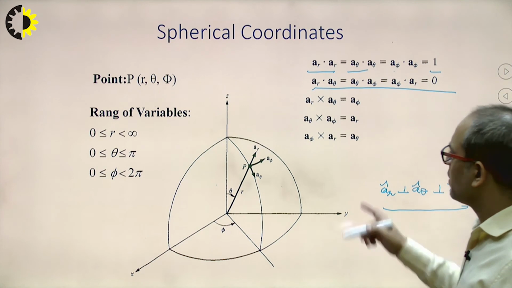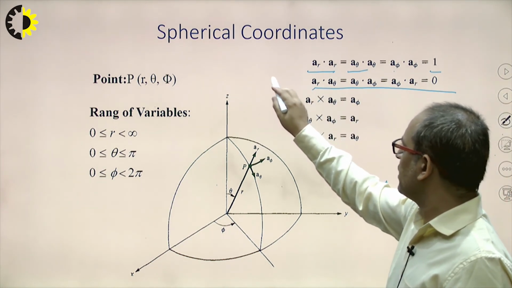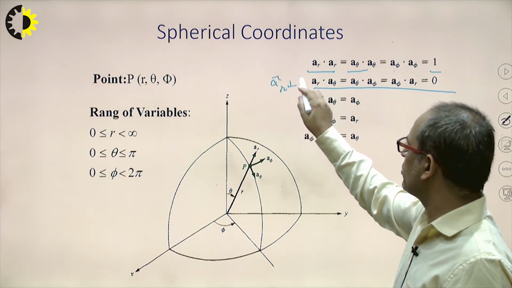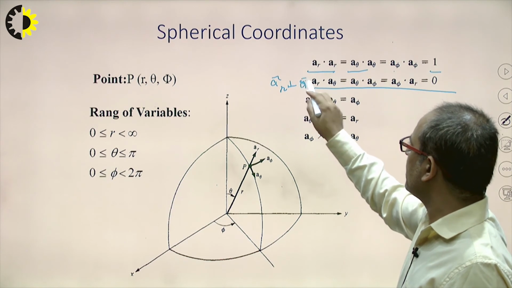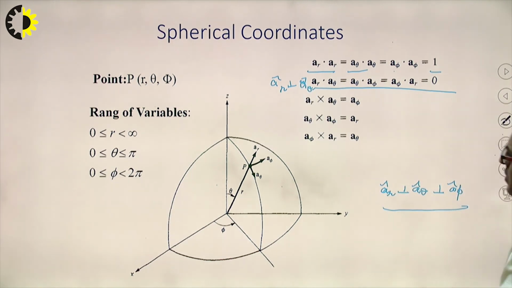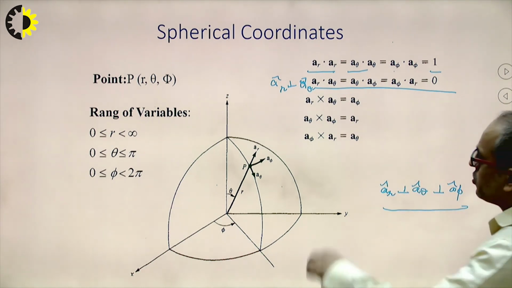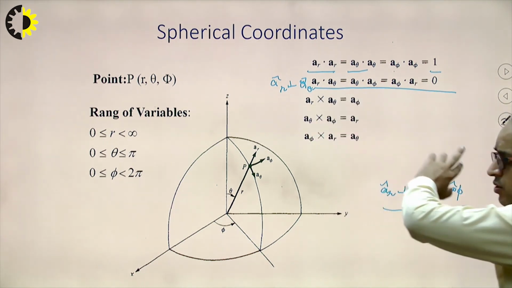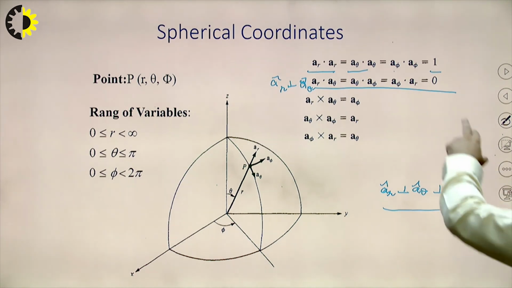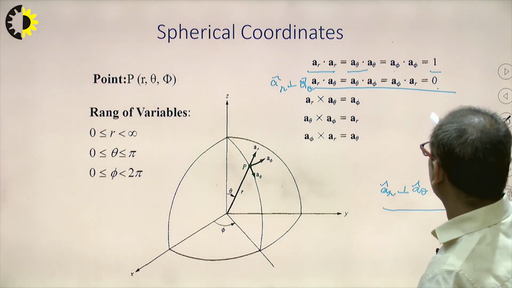Similarly, a cap r is perpendicular to a cap theta, so their dot product is cos 90 degrees, which is 0.